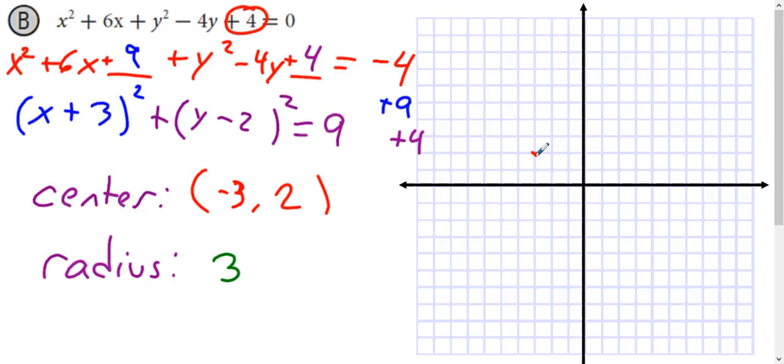And the radius is 3, so you go 3 up, 3 right, 3 down, 3 left, and draw the circle. And that's how you graph a circle.